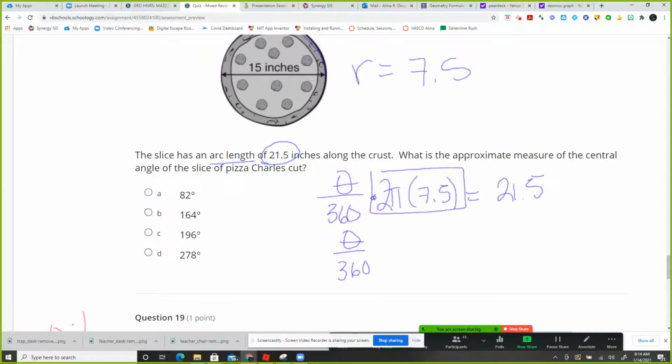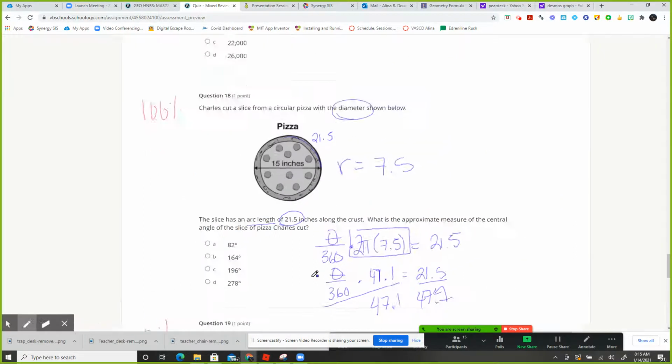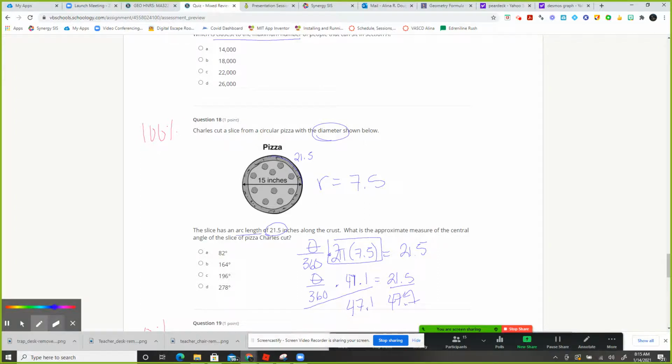So 2 times 3.14 times 7.5 is 47.1. My handwriting is getting crazy. Let me erase that, make it more clear.